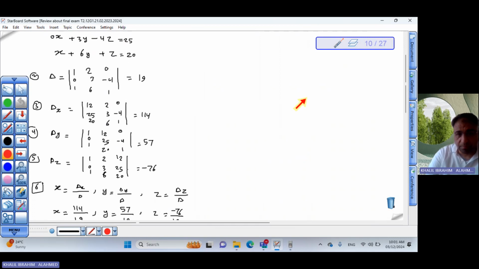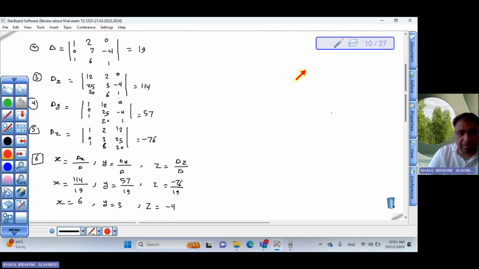In the same way, find delta z, and here how to find x: delta x over delta, y: delta y over delta, z: delta z over delta, and this is easy. x equals delta x, 114 over delta 19.